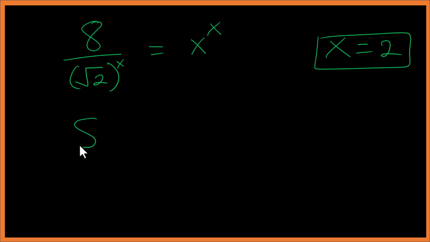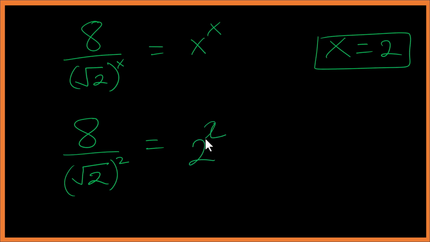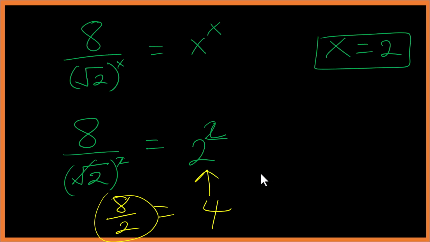So we have 8 over root 2, raised to 2, and we have 2 raised to 2. Now this one will cancel. I will have 8 over 2 equals 4. So 8 over 2 is 4, and this side is 4. Hence proved. So it means that's the correct answer here.